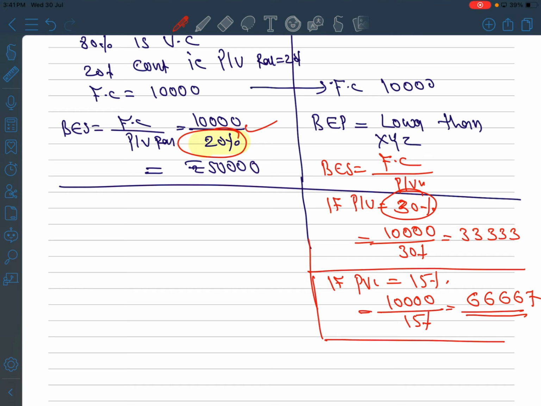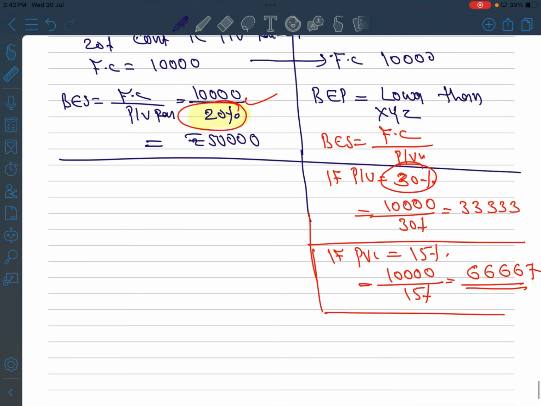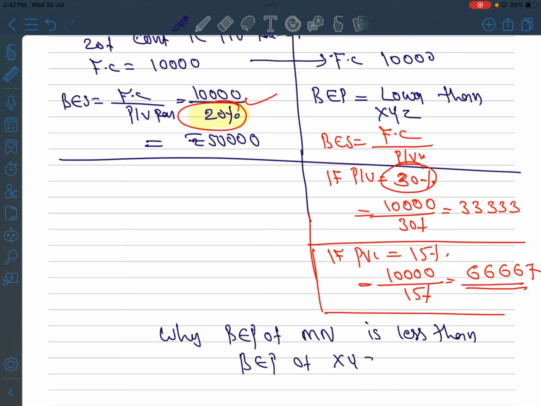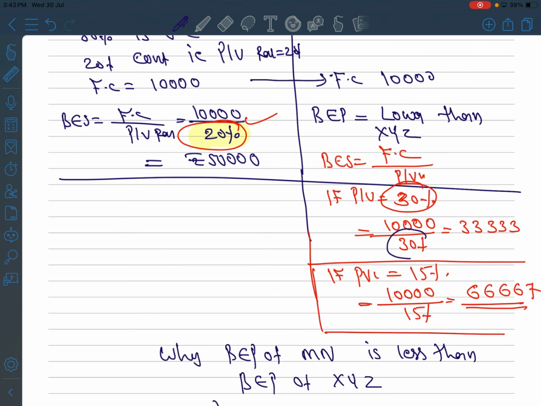Comment. Can you comment based on this? My question is why the break-even point of MN is less than the break-even point of XYZ. Why? If the PV ratio increases or decreases? Increases. If the PV ratio increases, that's why the break-even point decreases.